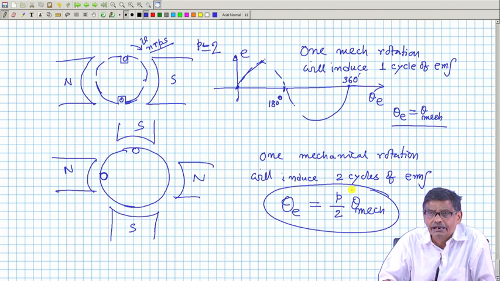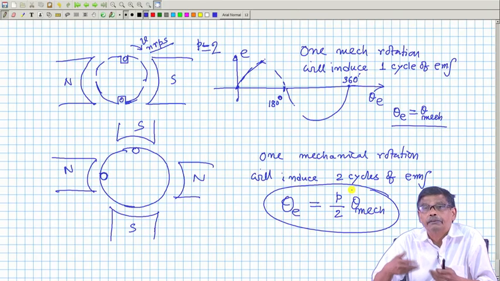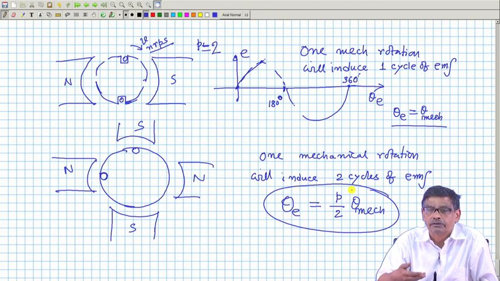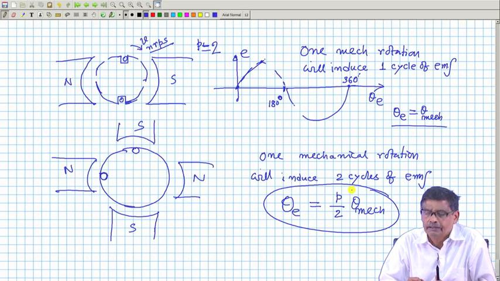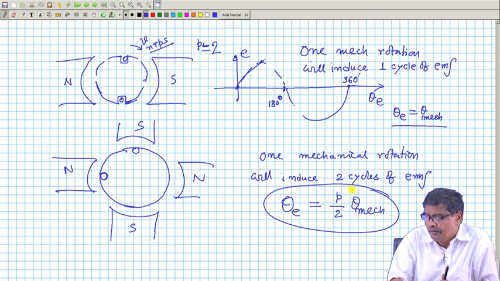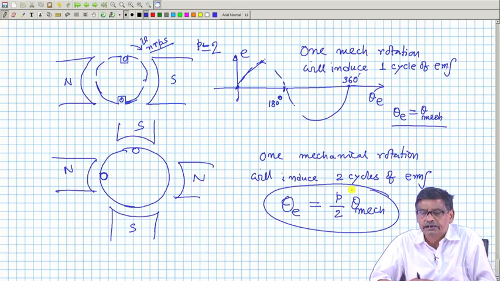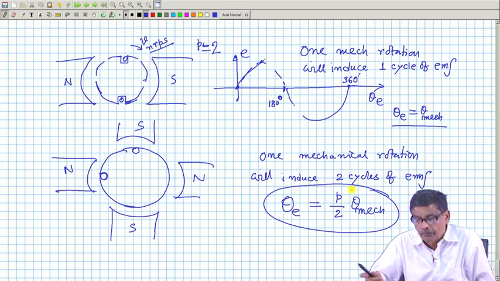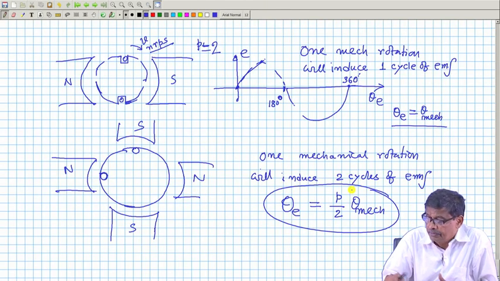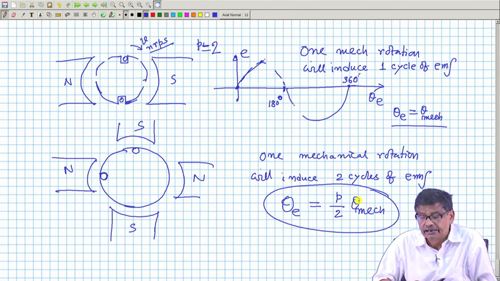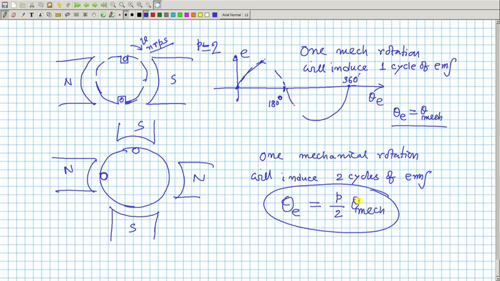I am telling briefly, rather quickly, because no point in repeating the same stuff once again, which is already available. So, see that ideas are simple. I must distinguish between electrical and mechanical angle. Number of poles of a machine will always be even, it cannot be odd, because you cannot have a monopole. If there is a north pole, an accompanying south pole must be there. So, I have indicated the basic idea of this, and next time we will continue from here. Thank you.